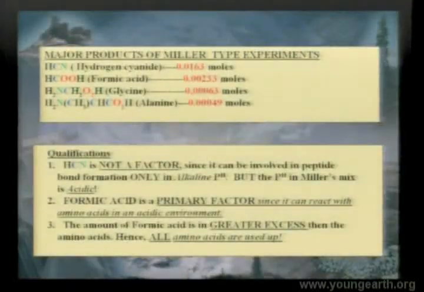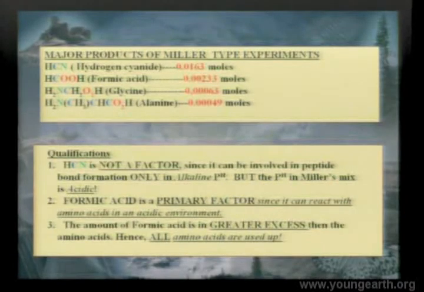Now, HCN is not a factor because why? It's not even involved in the peptide bond mechanism under the conditions that were being assumed. You may look at other conditions in which HCN maybe could have a role, but it wouldn't be these conditions, okay? So HCN is not a controlling factor. The pH is not alkaline, the pH is acidic, so that removes HCN as a factor.